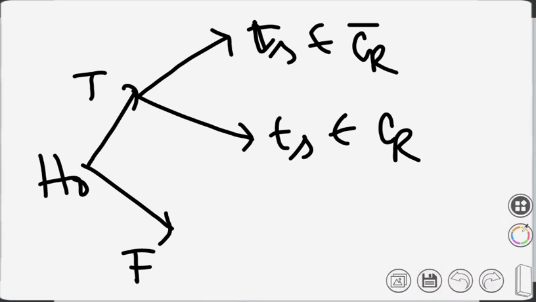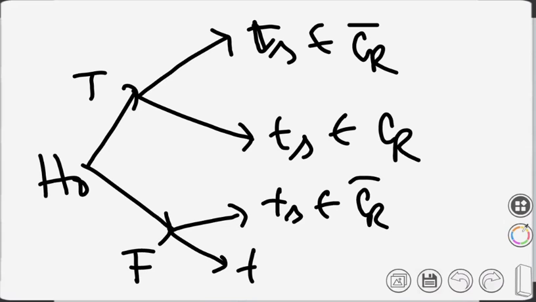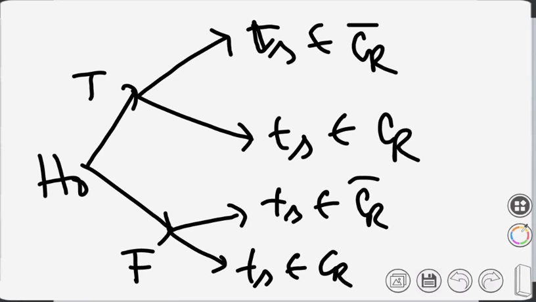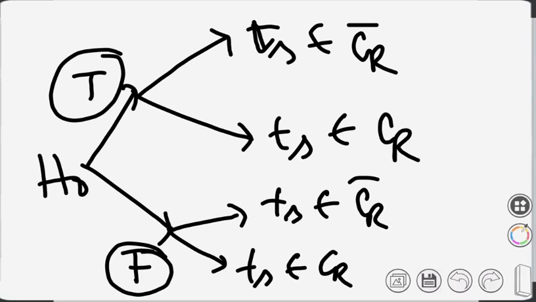In this case also, TS belongs to CR bar and TS belongs to CR. Please try to understand what I want to say. So what I'm saying is the null hypothesis either could be true or could be false. But the decision depends upon where the value of the test statistic falls.